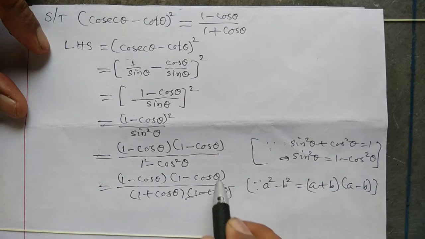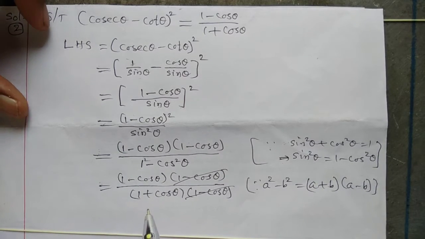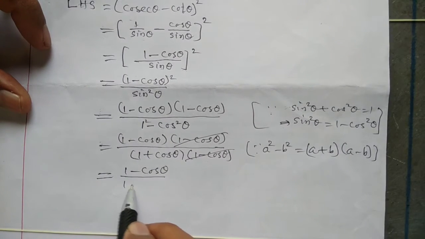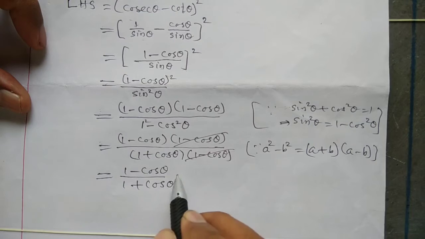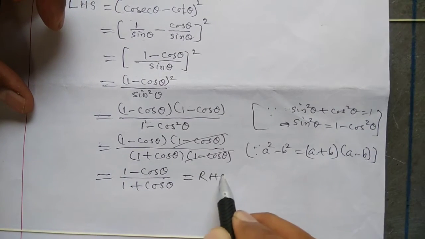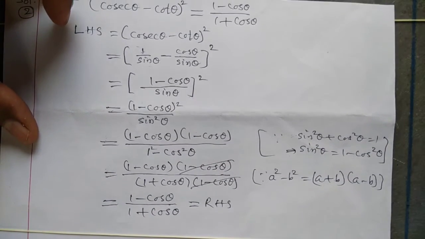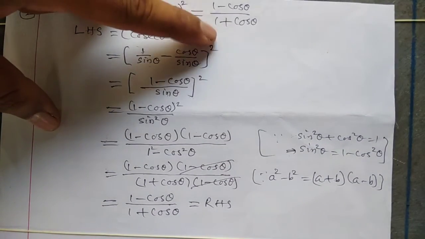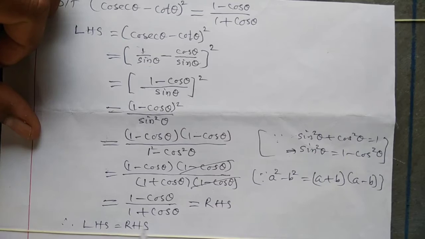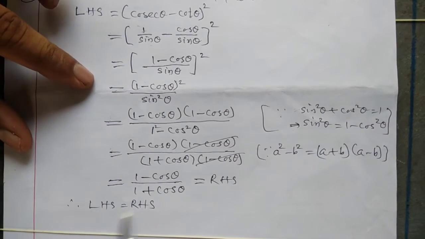The factor 1 minus cos theta cancels, and that is equal to (1 minus cos theta) by (1 plus cos theta). This is RHS. Therefore, LHS is equal to RHS. Hence proved.